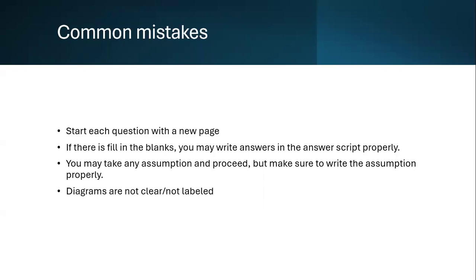That's fine. Right. In case you want to have any assumptions in your diagrams or C program or anywhere, you can take any assumption that you want. For example, you might think this program won't work if this line is missing. So you take that assumption, then write in the paper: without this code, this program is not working, hence I have taken this assumption and I'm proceeding with this.